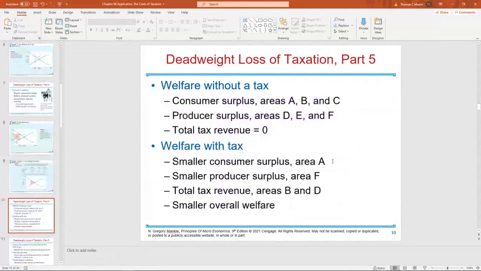All this is what we saw in the other one. Now, when you look at the deadweight loss, you can see what happens to consumer surplus, producer surplus, and total surplus.